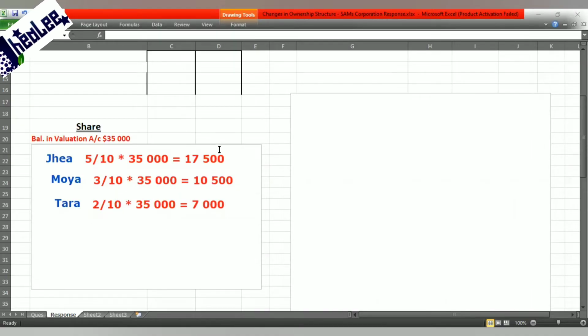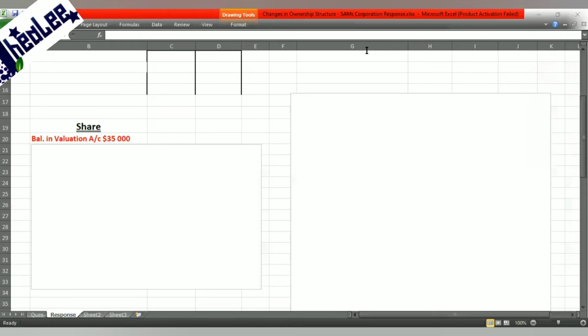If you add up all of that, you should get back the very same value of 35,000. That is the balance that is in the valuation adjustment account. Now, remember 17,500, 10,500, and 7,000. Those are the values that each partner receives from the valuation adjustment.